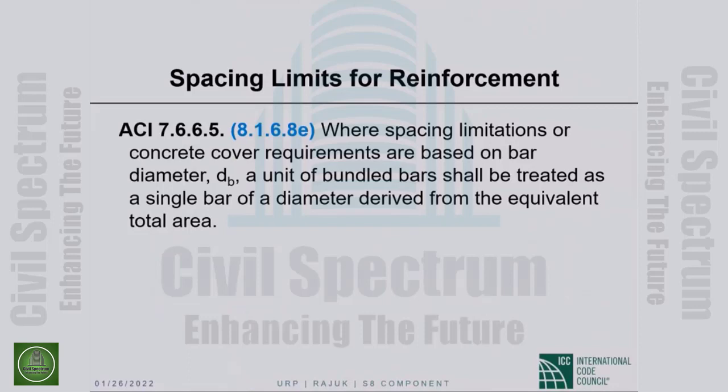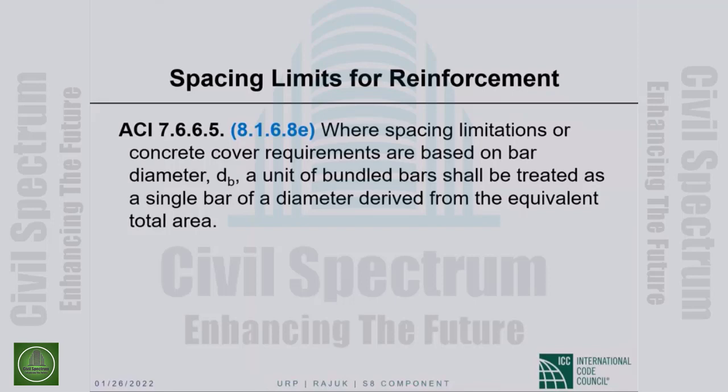Where spacing limitations or concrete cover requirements are based on bar diameter, a unit of bundled bars shall be treated as a single bar of a diameter derived from the equivalent total area. So you will take the total area of the 3 bars in the bundle, and then you will come up with an equivalent diameter.